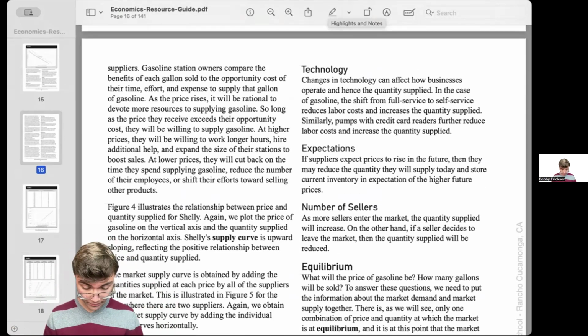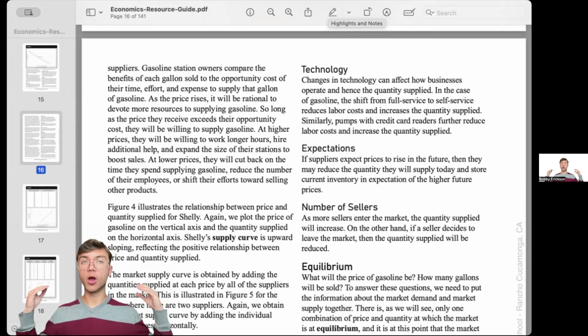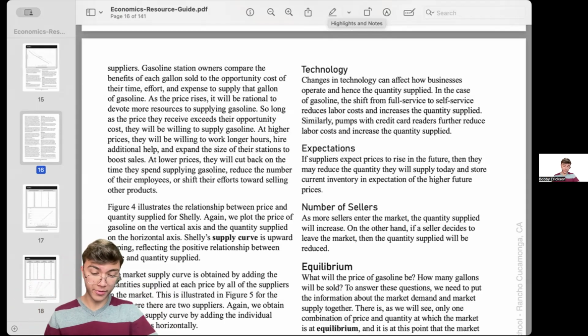So long as the price they receive exceeds the opportunity cost, they'll be willing to supply the gasoline. But if the opportunity cost is higher, then they will not be willing to supply it.